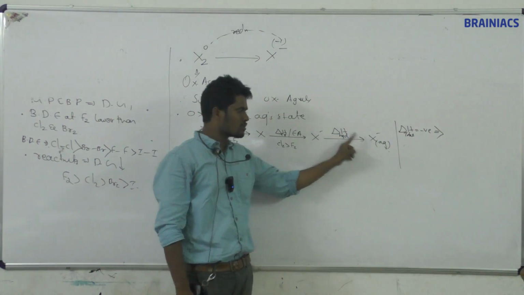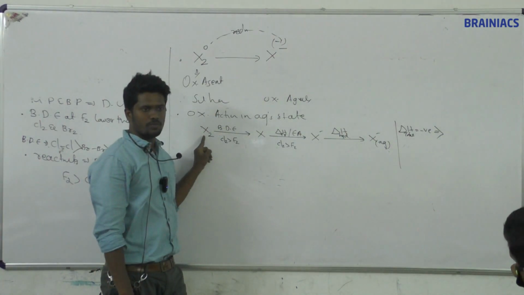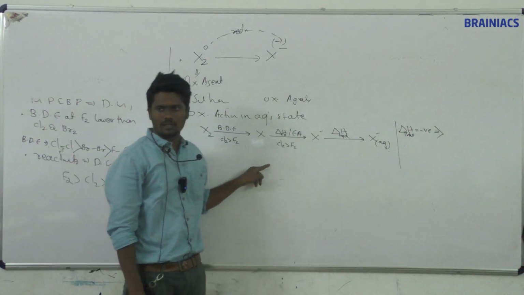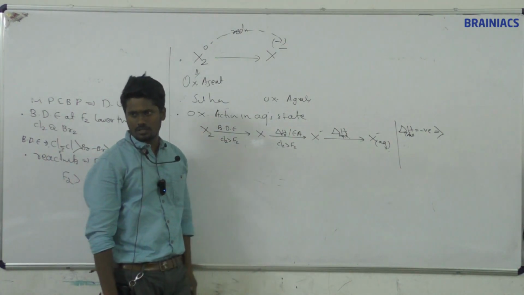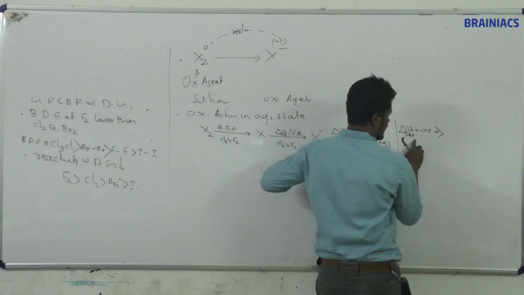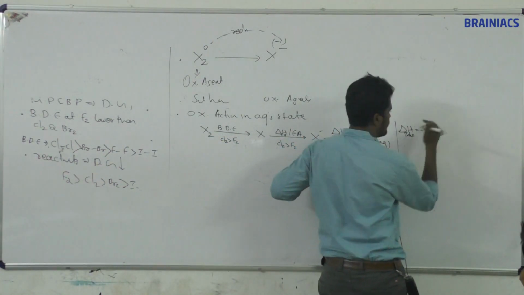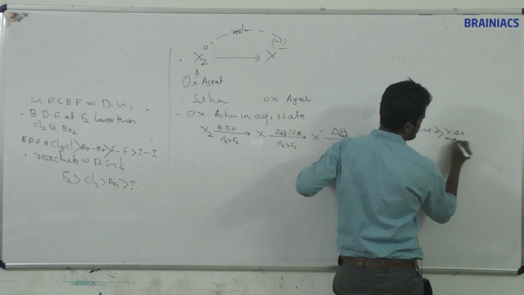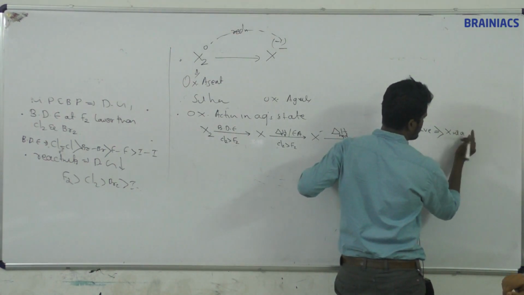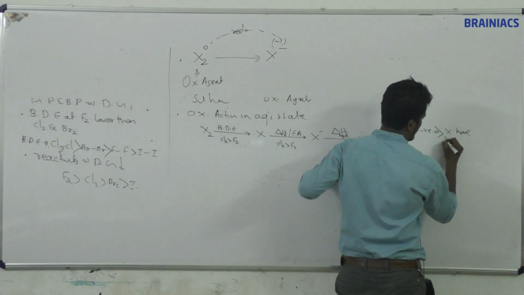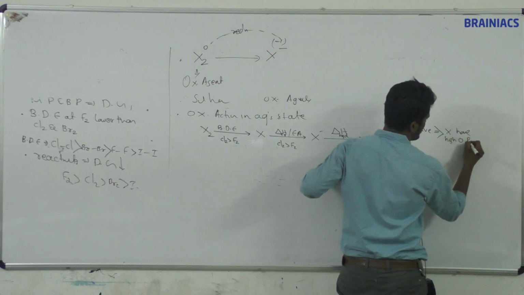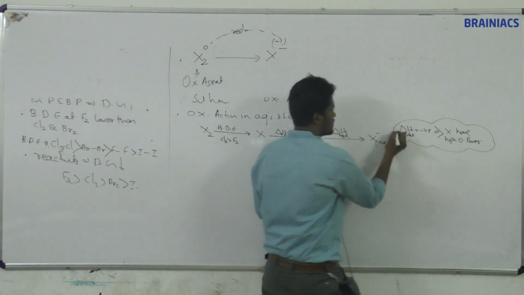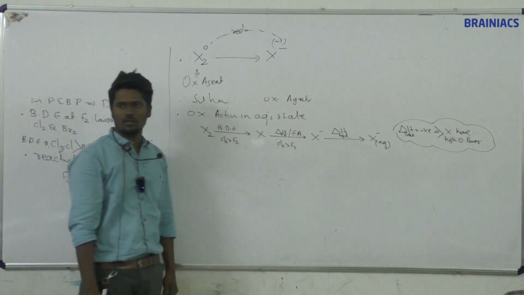X minus is more stable than what? X2. So that means X undergoes fast reduction, so it acts as a good oxidizing agent. If delta H is negative, X is more oxidizing; when delta H total is negative, X has a high oxidizing power.